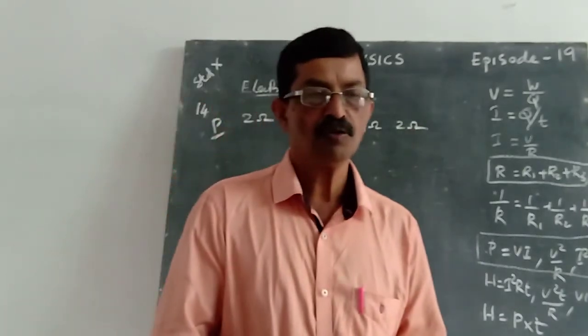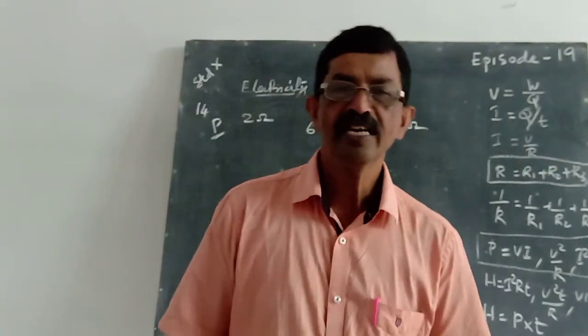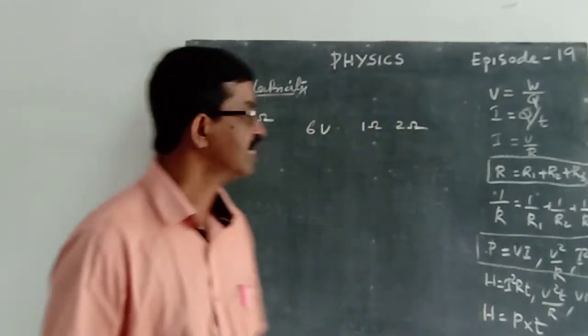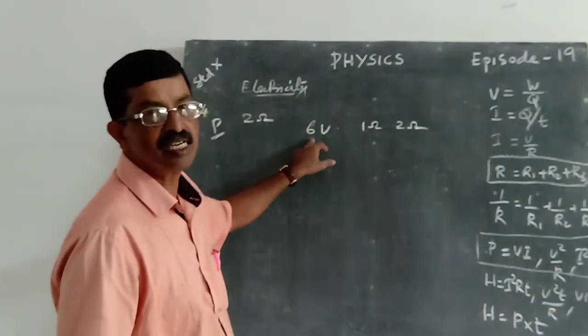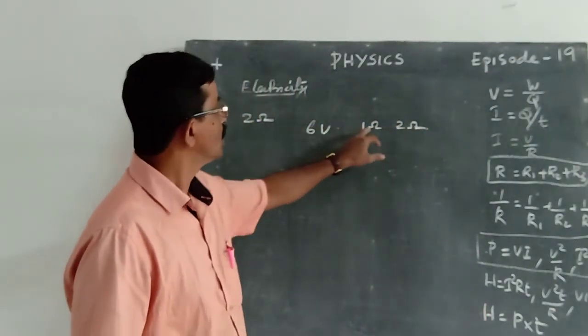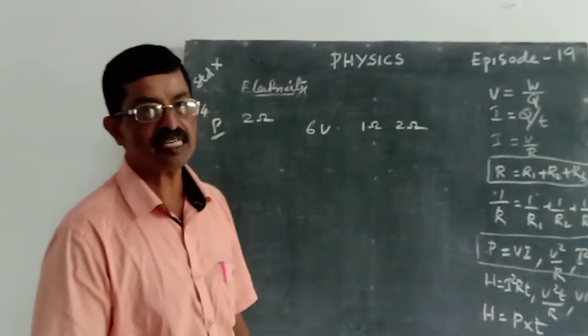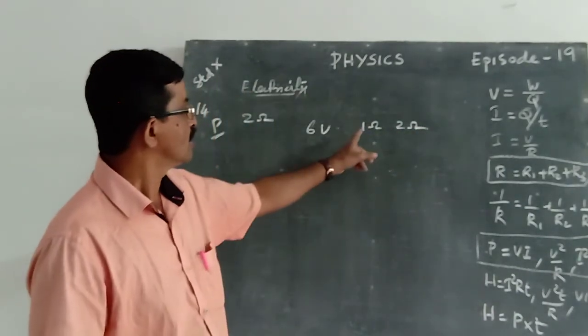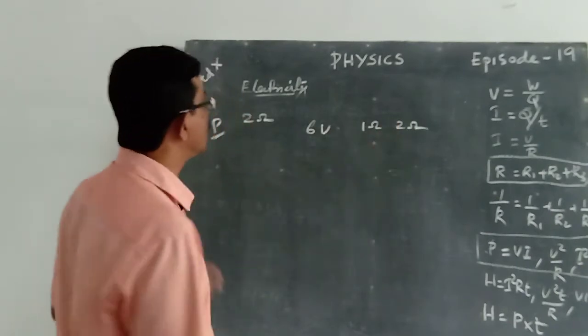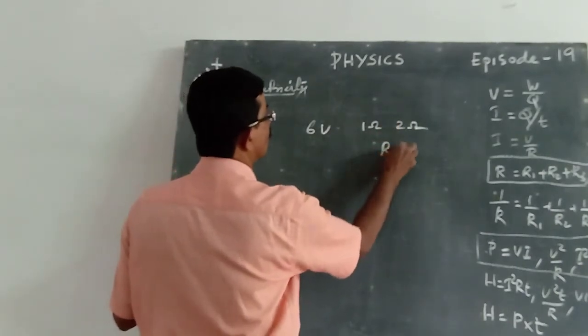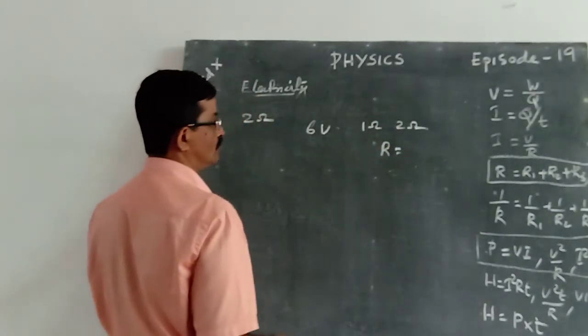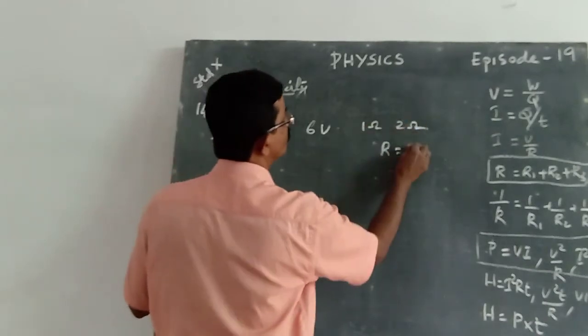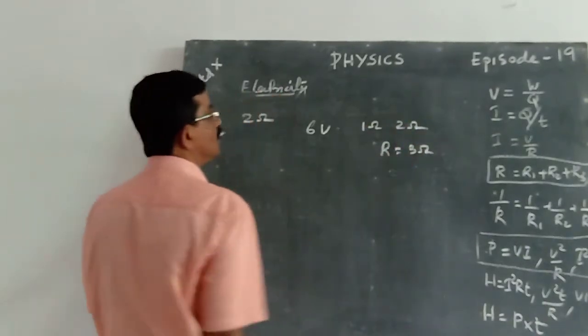We know when the resistors are connected in series, the total resistance R is equal to R1 plus R2. That is 1 plus 2, that is 3 ohm.